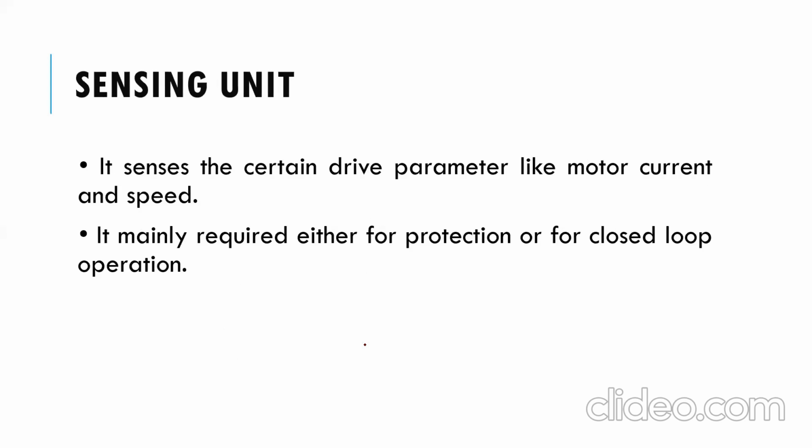If the motor is running at a particular speed, then we have to use a speed sensor. To get a particular speed, we have to change the input voltage given to the motor. For example, in case of armature voltage control, we have to check the voltage given to the DC motor. Means what? We will require a voltage sensor.